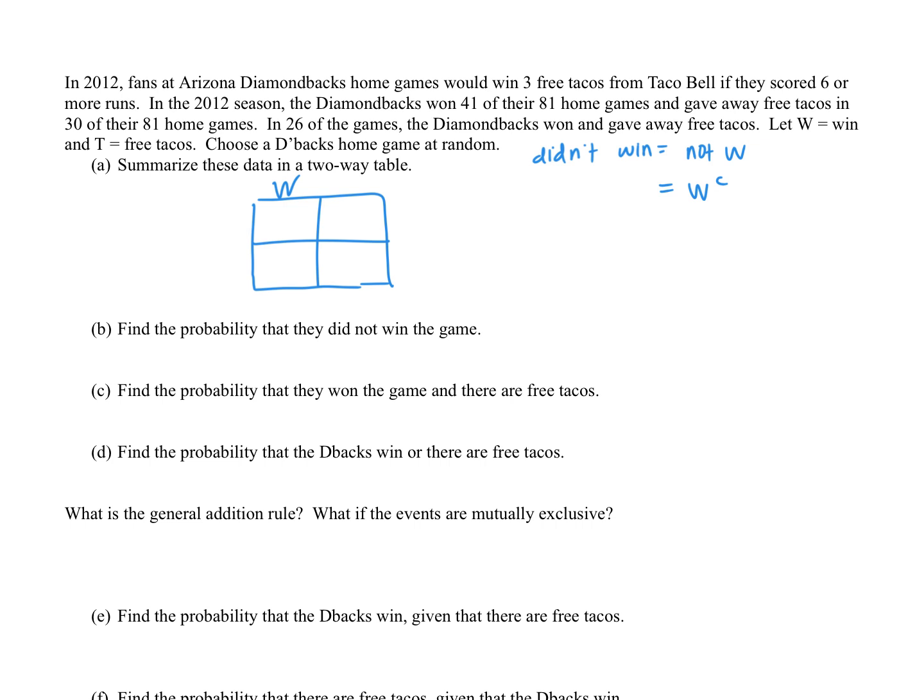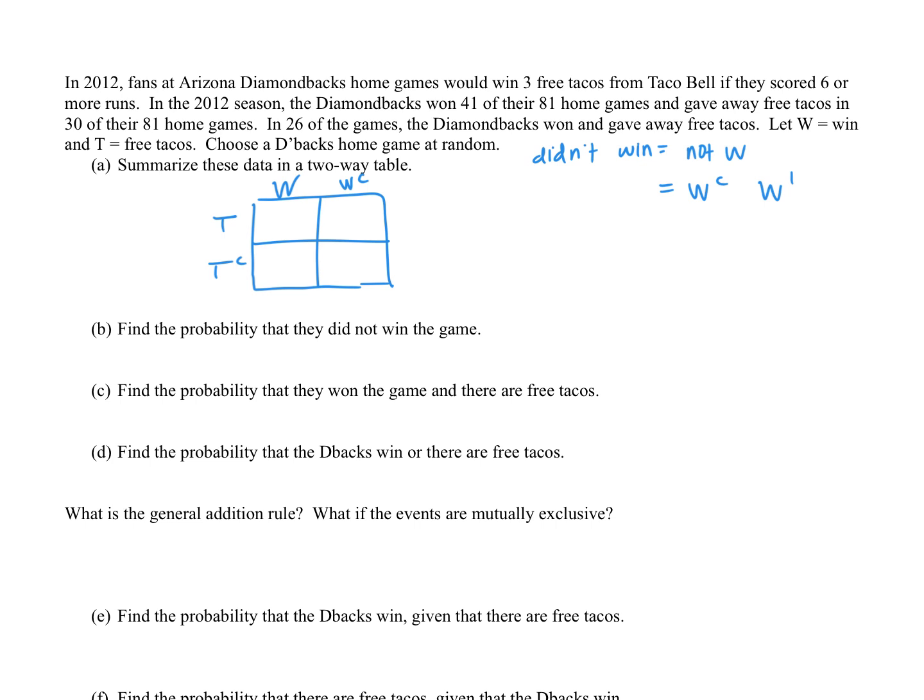The other way that you can write that is W with a tick mark. So either of these 2, when you see them, mean not that event. So not W, in other words, they did not win the game. So this is going to be they didn't win the game. And then either they gave out free tacos or they did not give out free tacos.